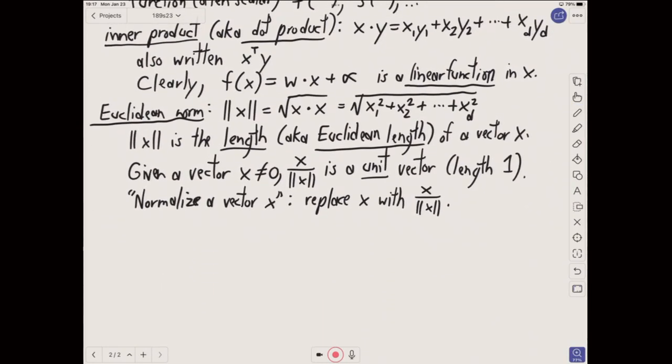So once you've got dot products defined, one of their useful purposes is to compute angles.